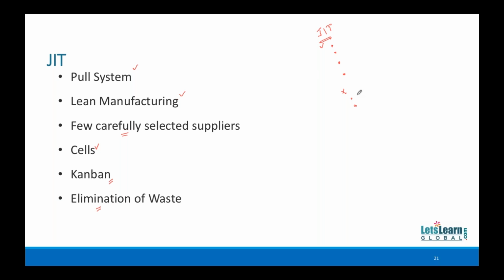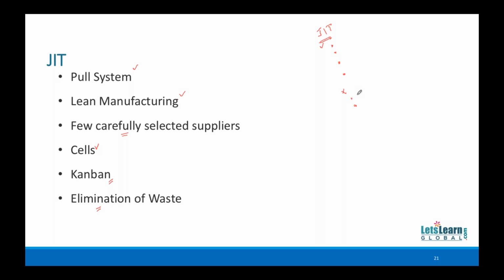The second, very important limitation of JIT is that the quality responsibility is shifted to the supplier. Say a stereo supplied by a supplier, which is going to be assembled in a car, has defects. The ultimate customer who purchases the car will blame the car company, not the stereo company.